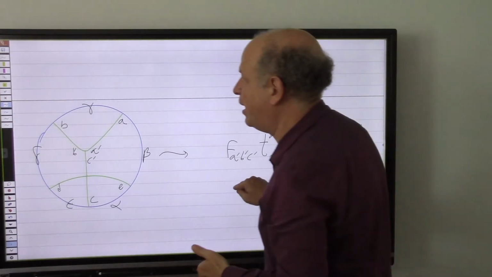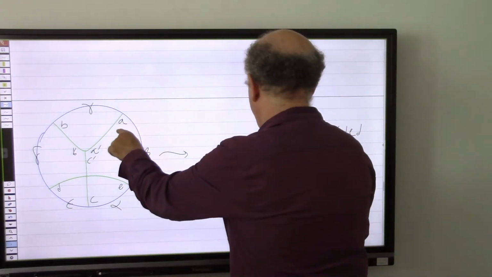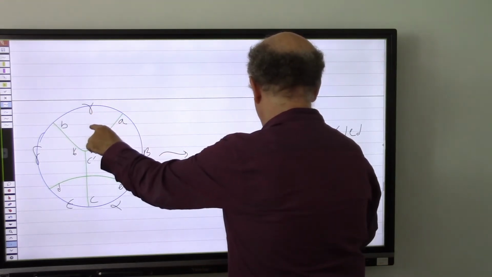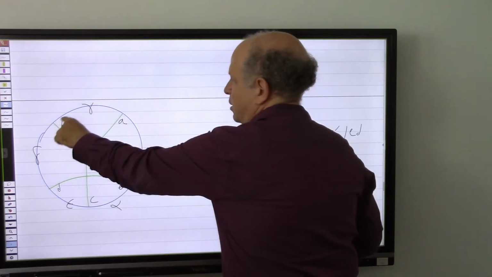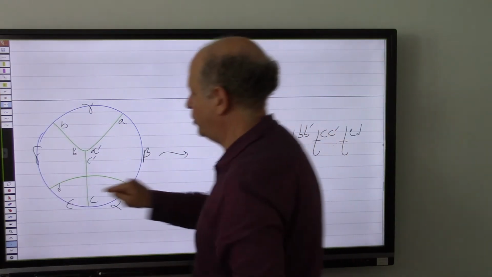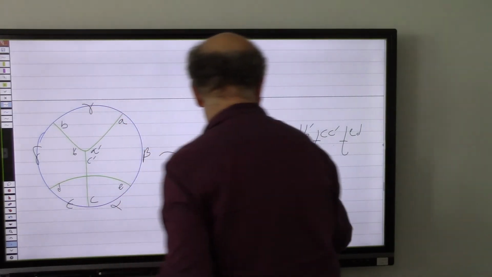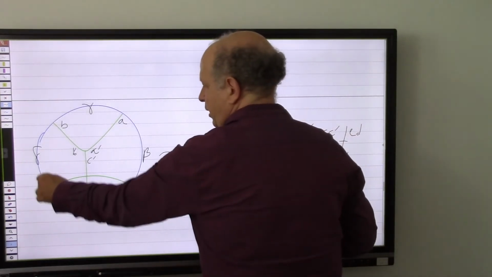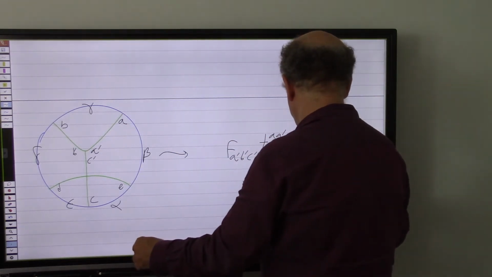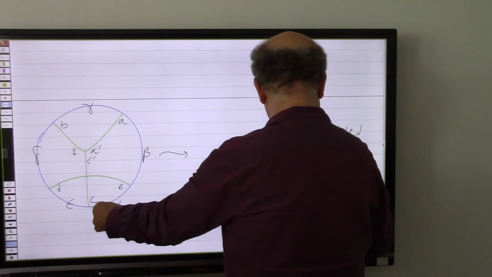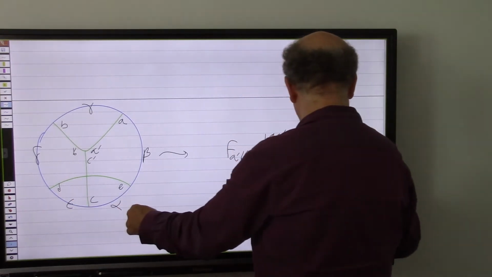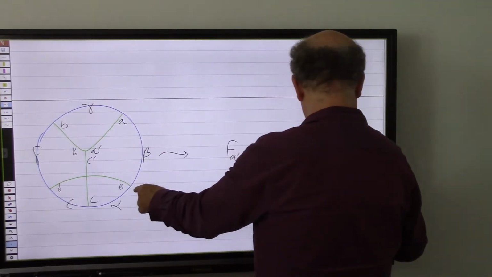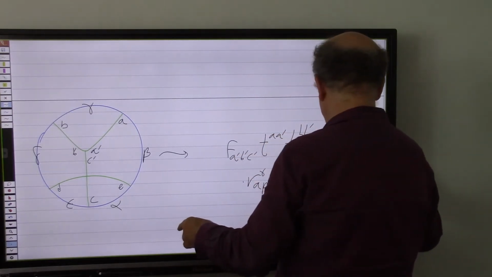So I'll keep multiplying, and here I have R, A, beta, gamma, R, B, gamma, delta, R, D, delta, epsilon, R, C, epsilon alpha, R, E, alpha beta. And I think I'm done.